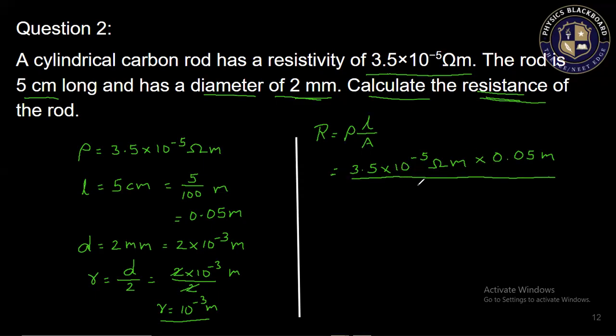The area of cross section of the wire, resistor or conductor can be taken as pi r square, which is in the shape of a circle.